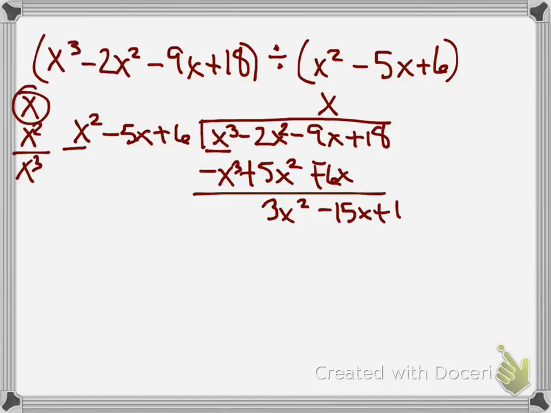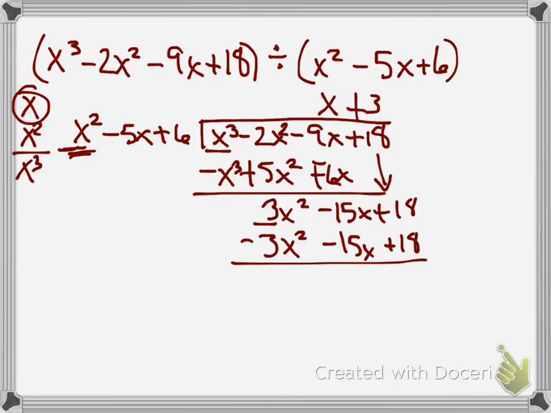And then I bring down the 18. Then what do I need to multiply the x squared by to get 3x squared? I need to multiply by a 3. So multiply by 3, and I get that. And then change the signs. Boom, boom, and boom. It's more fun to go boom, boom, boom. And then everything cancels out, so my remainder is 0. And my answer was x plus 3.